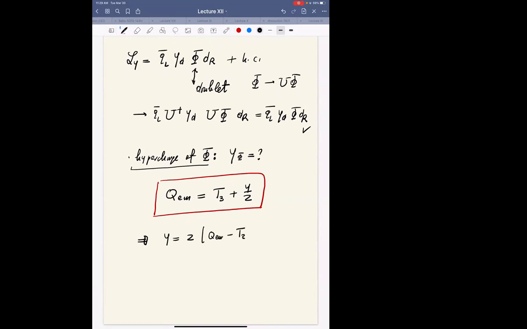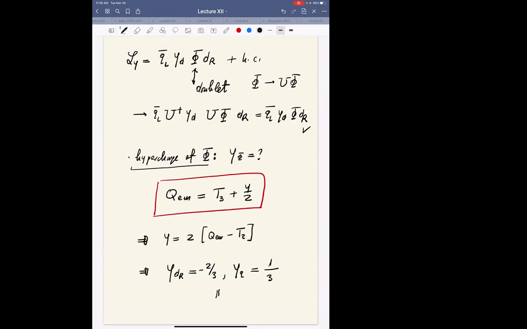So if you give me electromagnetic charge and T3 for the quarks, I find out that for dR, T3 is 0, Q electromagnetic is -1/3, so this is -2/3. And for QL, we found out, I don't want to repeat, it was 1/3.